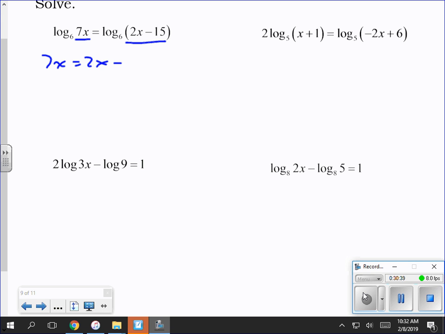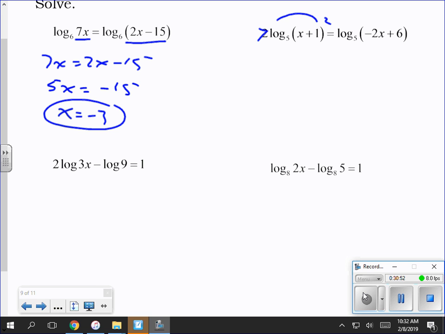Okay, first one, log of two things. 7x equals 2x minus 15. Subtract 2x, 5x equals negative 15. x equals negative 3. This one, bring the 2 up first. So you get x plus 1 squared equals negative 2x plus 6. So x squared plus 2x plus 1 equals negative 2x plus 6.